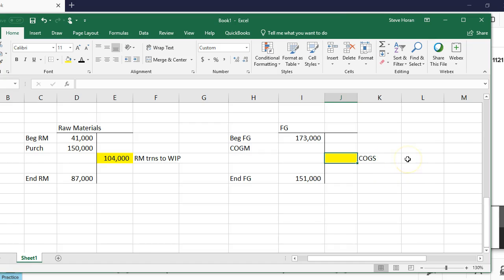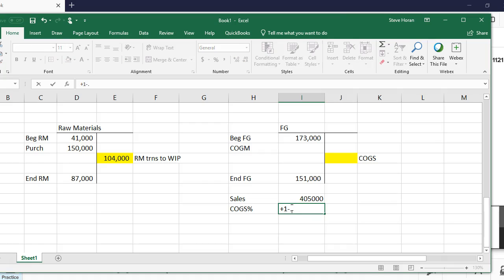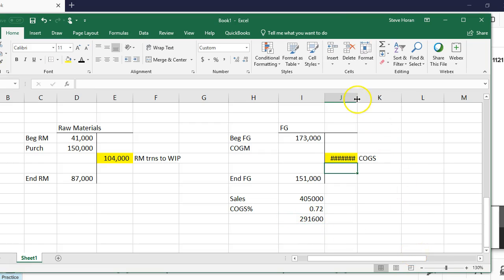So I take my sales number, 405, times my cost of goods sold percent, which is 1 minus 0.28, so 0.72. I take 405 times 0.72 and get 291.6. So my cost of goods sold is 291,600.